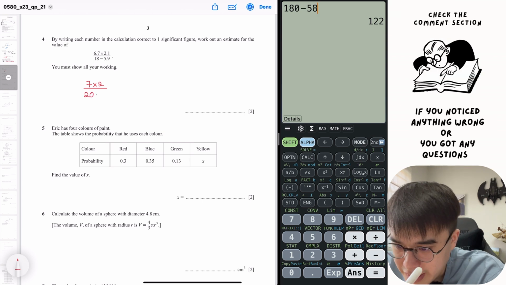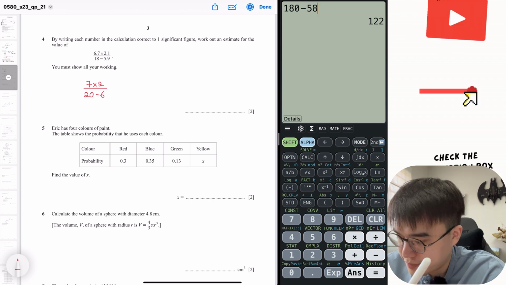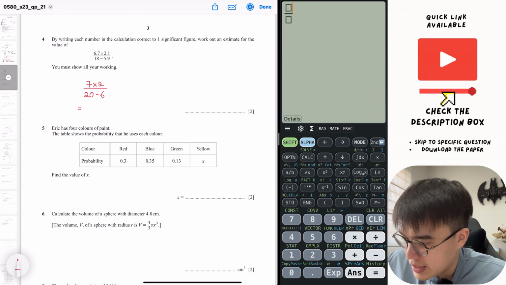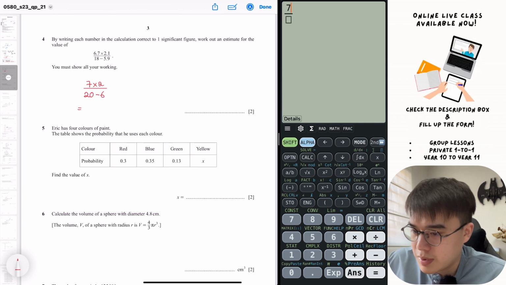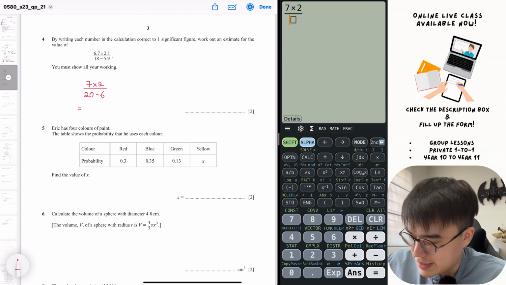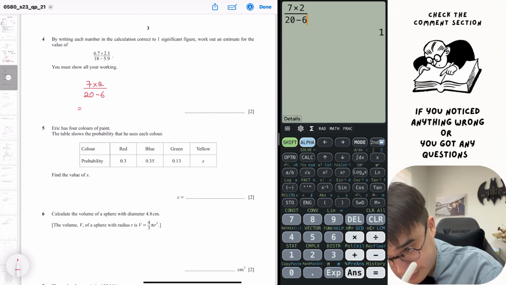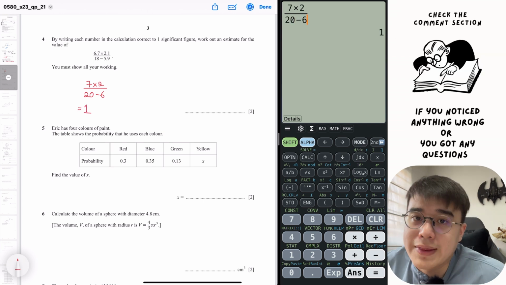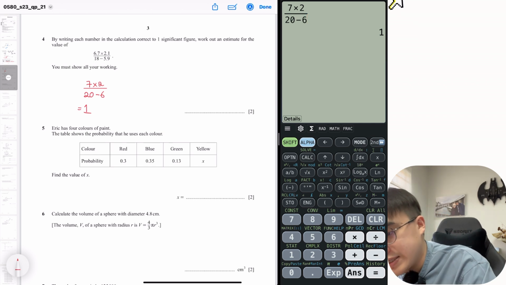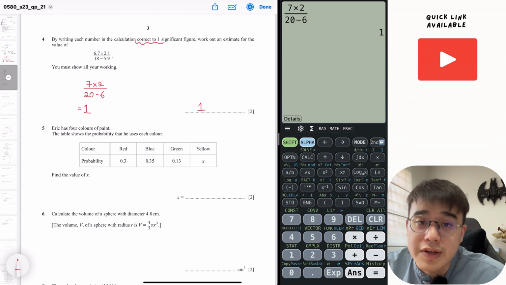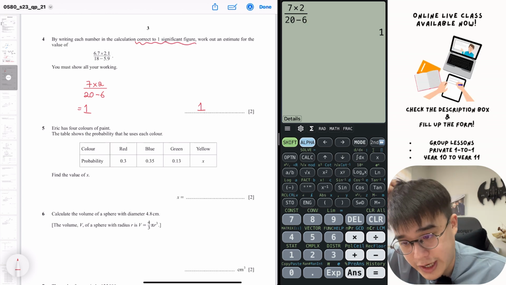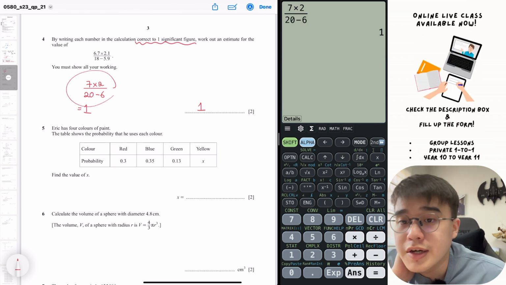And the 5.9 will actually be 6. So with this, you have to key in 7 times 2, 20 minus 6. And you will get the balance of 1 here. Since they mentioned you must correct it to one significant figure, it is good that you attach this working right here.